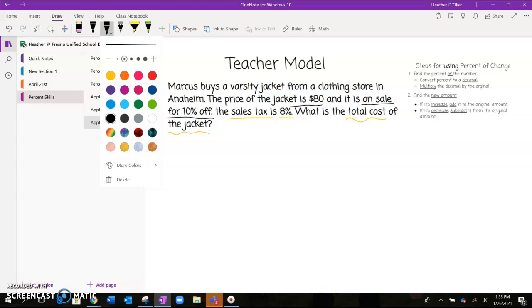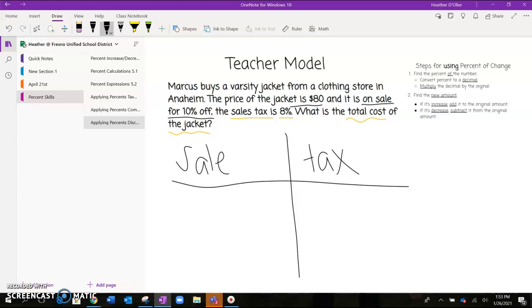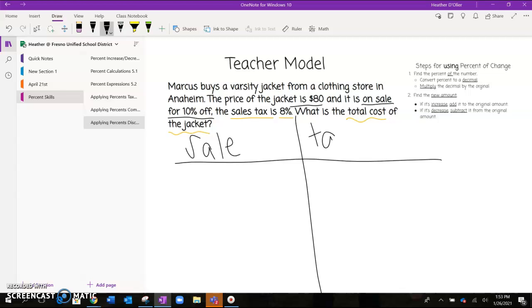I have to deal with the sale first. Then I'm going to come back and tackle the tax. And actually, I wrote this really big, so I'm going to write them a little small. Sale, tax. Okay, just focusing on the sale first.